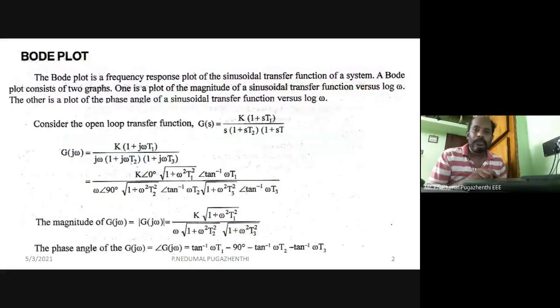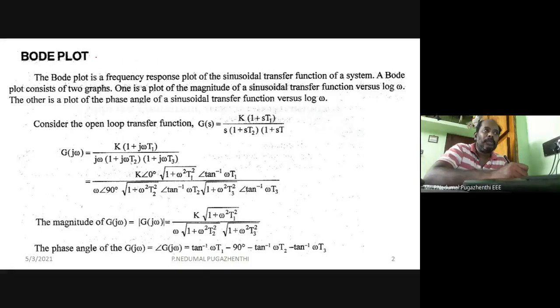So, if you ask me what a Bode plot is, it's a type of graphical method which is available to plot a frequency response for a given sinusoidal transfer function. It has two graphs. One is the magnitude graph and the other one is the phase graph.